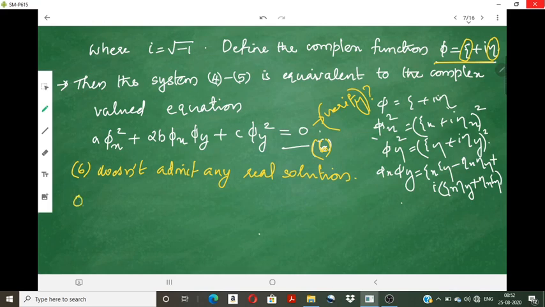In other words, elliptic equations do not have real characteristics.